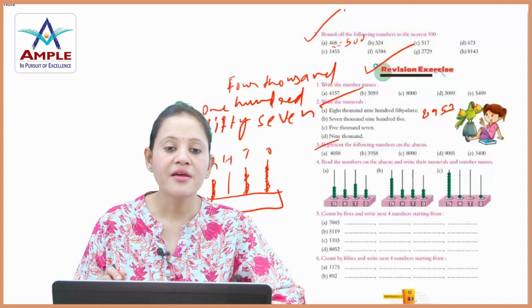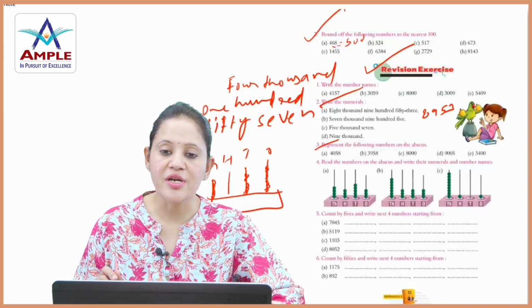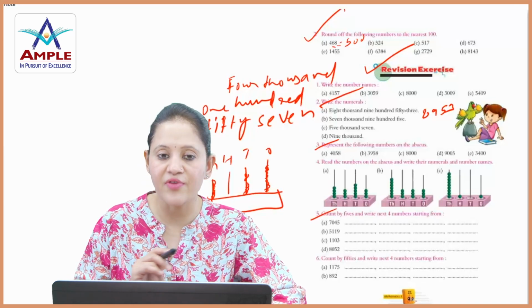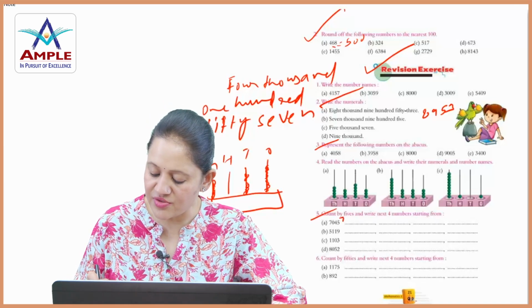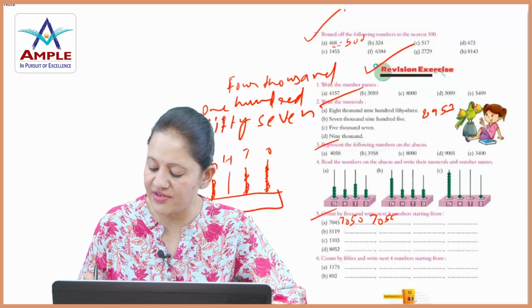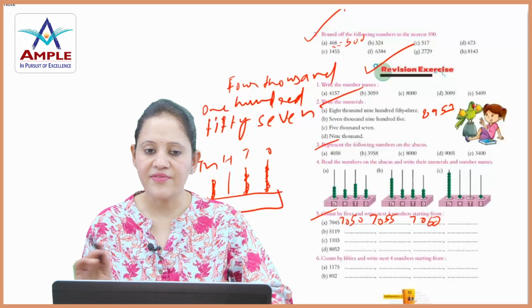Clear? Next, count by 5s and write the next 4 numbers starting from 7045. Count by 5 means we have to add 5 every time. We have to start from this: 7050, 7055, 7060, 65, like this.